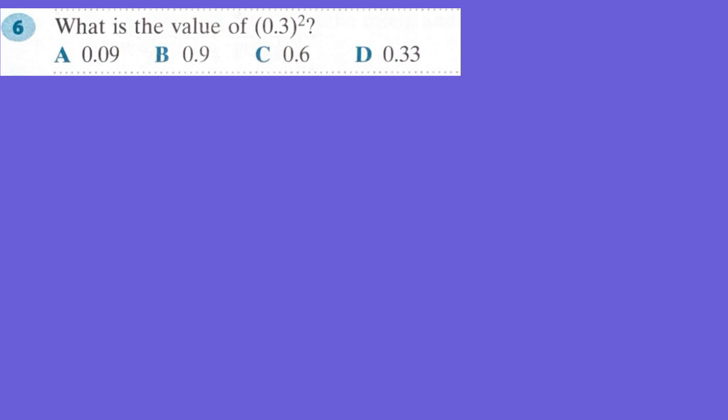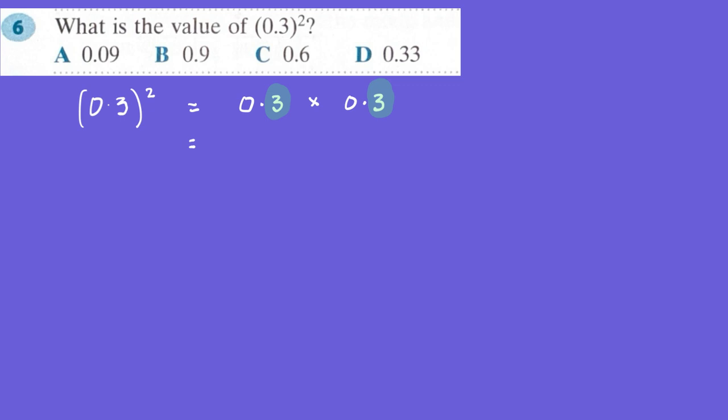So what is the value of 0.3 all squared? That means that 0.3 must be multiplied by 0.3 twice. So how do we deal with decimal points when we're multiplying? The number of places after the decimal point is here 1 and here 1, so 2 in total.